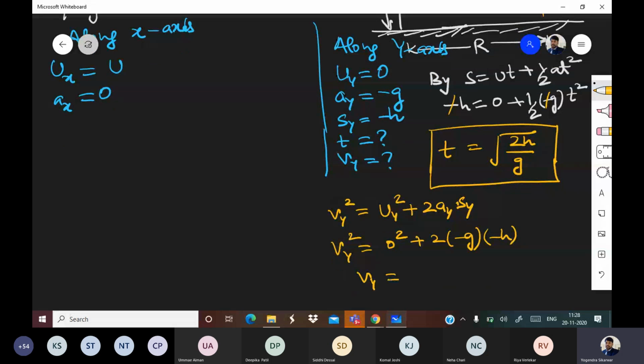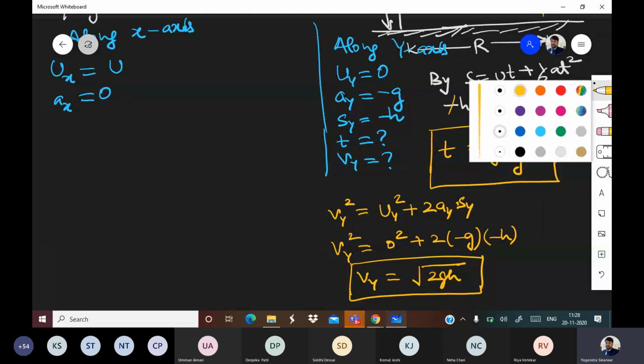So Vy comes out to be under the root of 2gh. So the object will be reaching the bottom with this much speed. If you want to mention velocity, you can take a minus sign, and if you want, you don't need any minus sign.